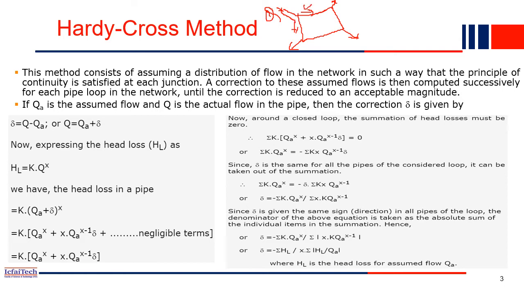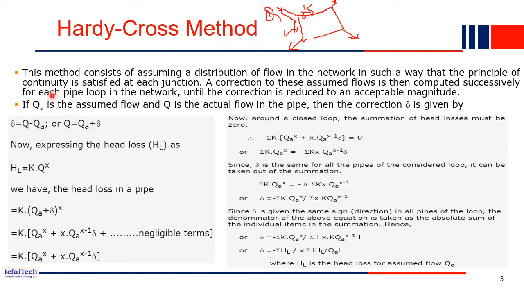Some portion will come here, some portion will go there, depending on the pressure and the dimension of the pipe, isn't it? So how much will be the distribution? Initially we guess that maybe 50-60% of the water will go in this pipe and 40% in the other pipe. Then we use the Hardy Cross method and refine our values.